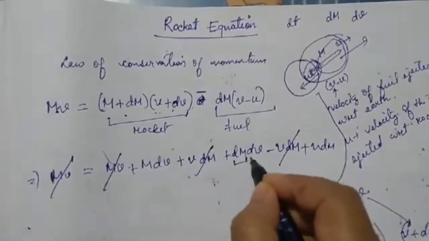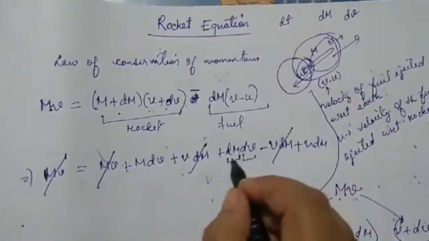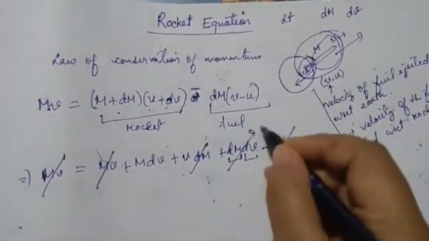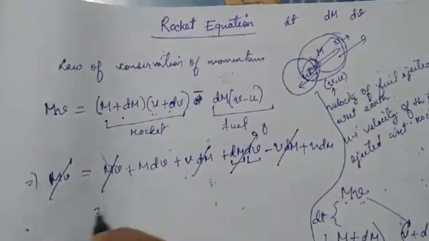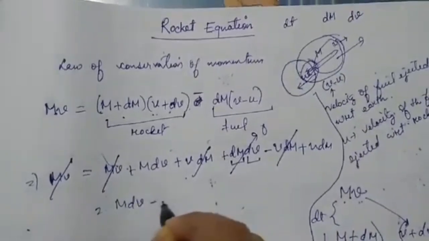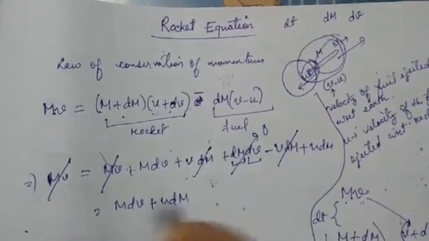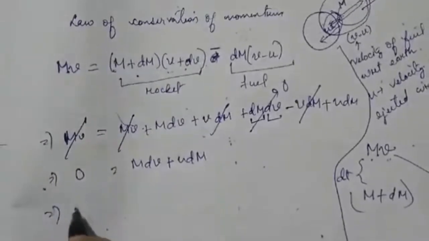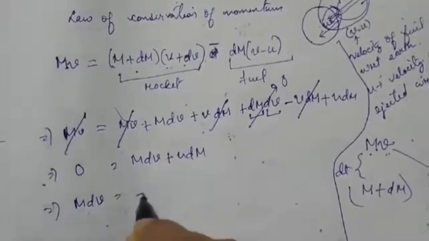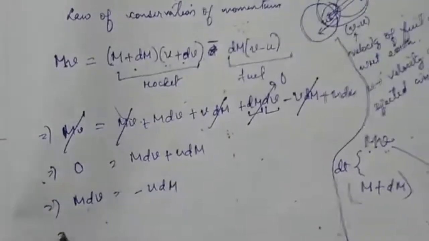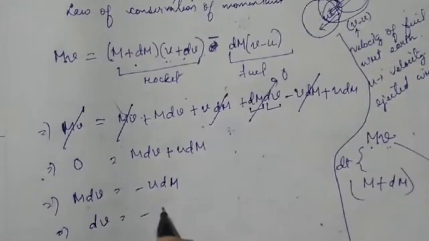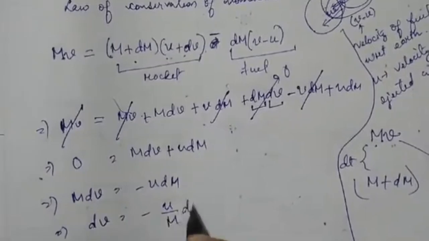Dm is a small number, dv is also a small number, so multiplication of two small numbers is again a small number, so it can be neglected. So m dv plus u dm equal to 0. Now what we can do? m dv is equal to u dm, so dv equals u by m dm.